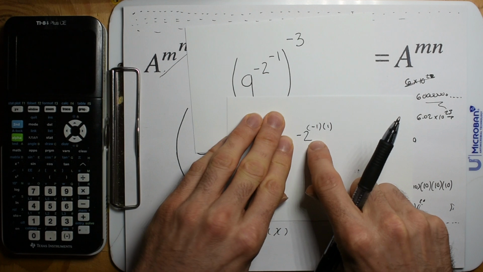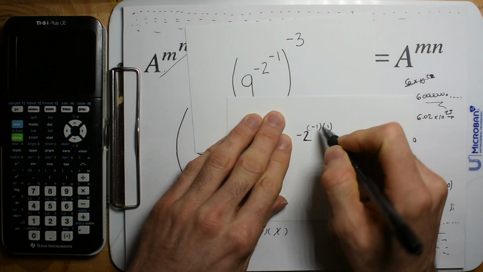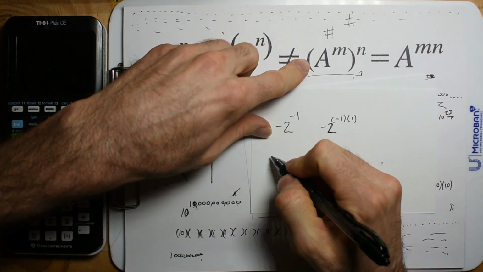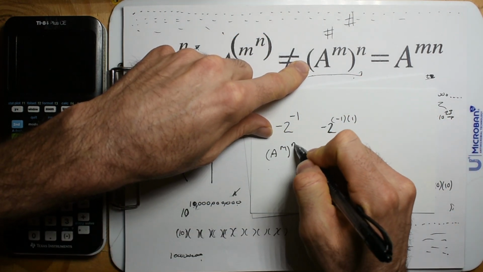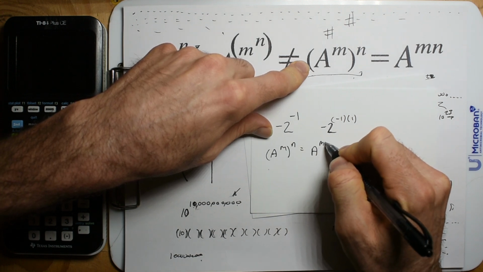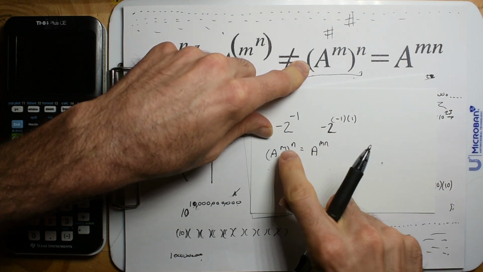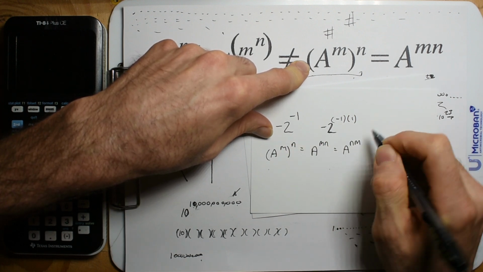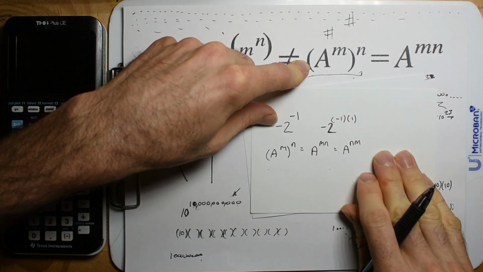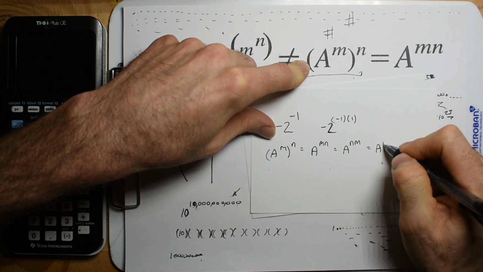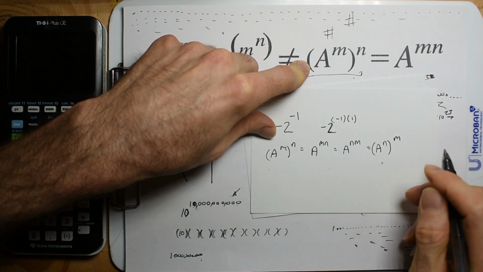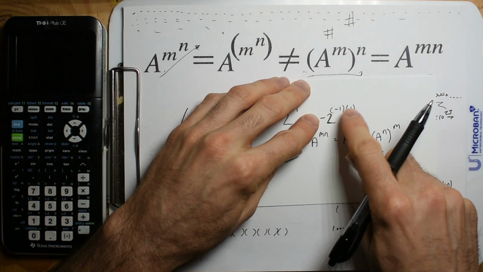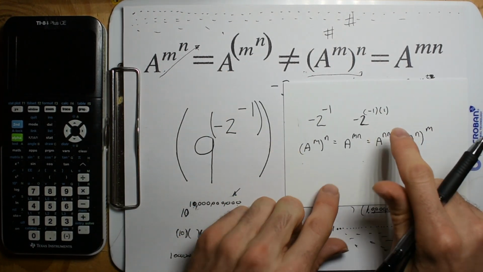The cool thing about this process is that a to the m to the n is a to the m times n, but these two can be in any order, because you can switch the order of those. So this is a to the n times m, and you can do either of these in whatever order you want.